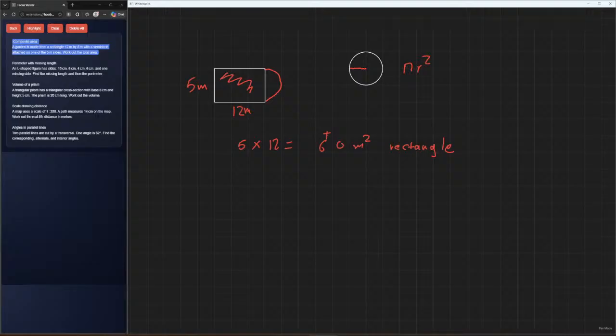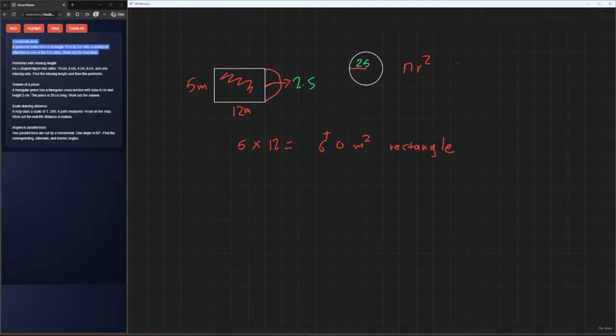If, for example, this distance was some number, we would be doing 5r. This would be the r. Here we have 5. So this bit is 5, but we want the half. So it's 2.5. So the half is 2.5, okay?